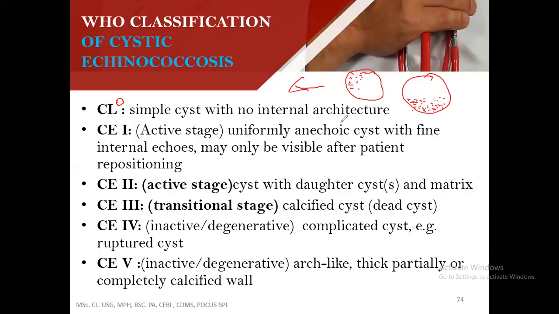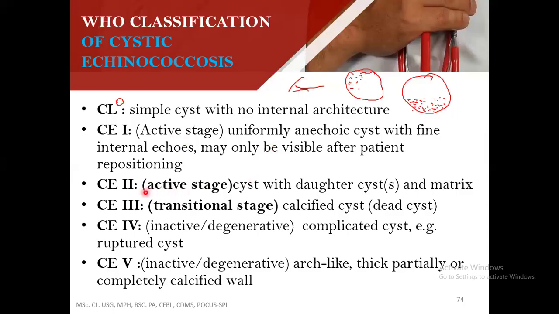Over there, the cyst will have daughter cysts. You understand? Stage 1 is the active stage, meaning the cyst is actively growing. That's where you see the hydatid sand: when you ask the patient to turn to the other side, the sand will move and you confirm that it is hydatid sand. So it means hydatid disease of the liver, which is cystic echinococcosis of the liver.